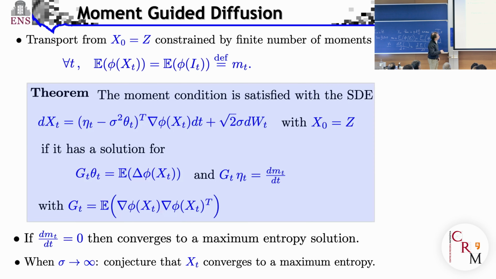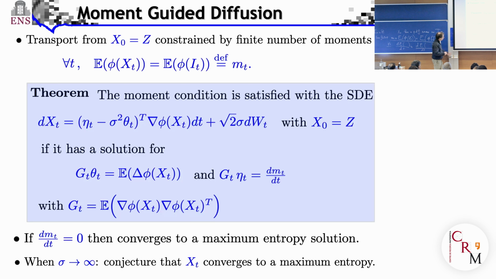What is the use of sigma over there? What sigma does is increase the amount of noise you add in the stochastic differential equation. So what is this going to do? It's going to produce a probability distribution which has the appropriate moments, but whose entropy gets larger and larger as sigma increases.